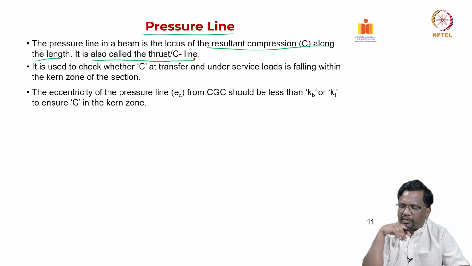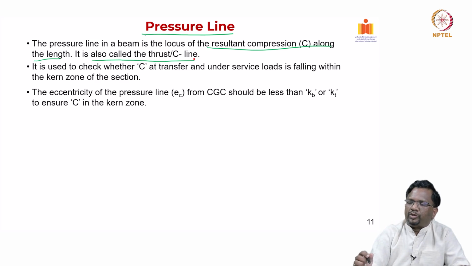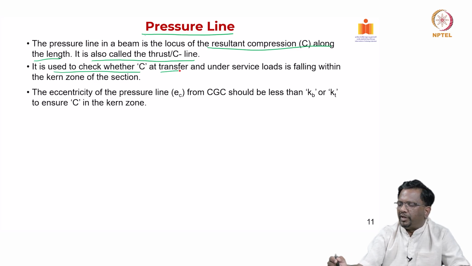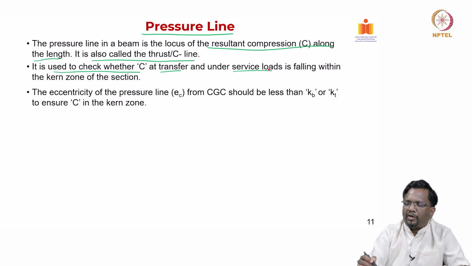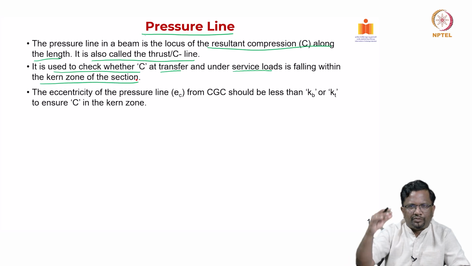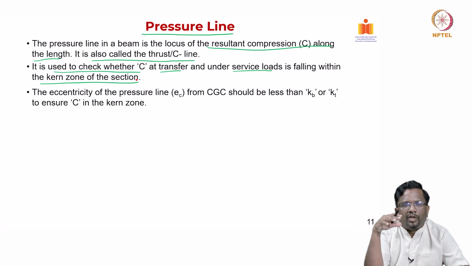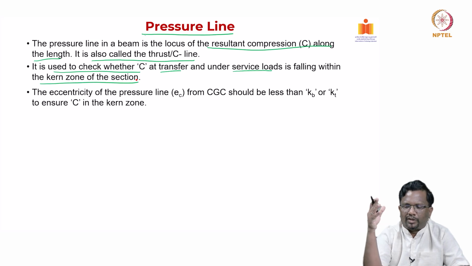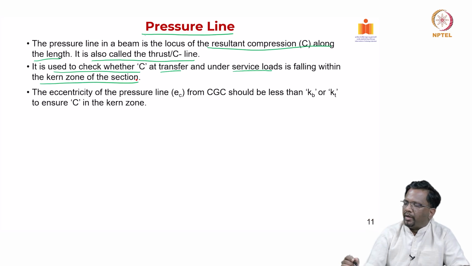That is called the pressure line. Now, why should we calculate this pressure line? It is typically used to check whether the compression force, either at transfer or at service loads, is falling within the Kern zone. If C is within the Kern zone, then we know whether that particular section will have tension stress or not. That is the idea.